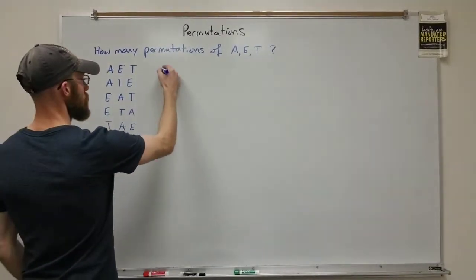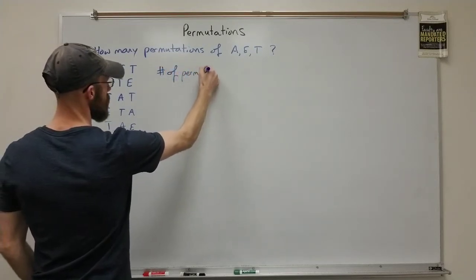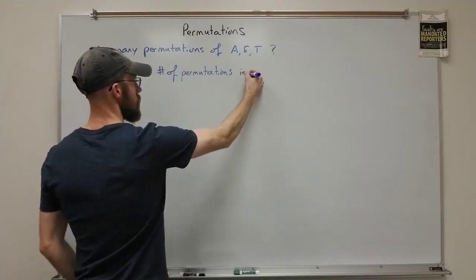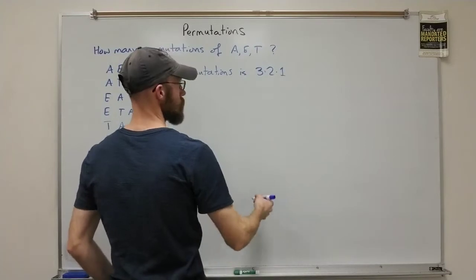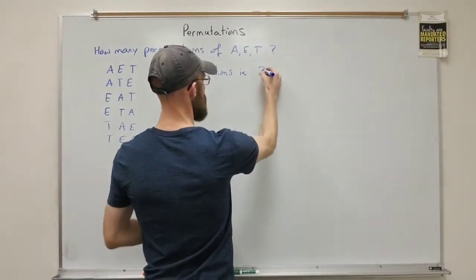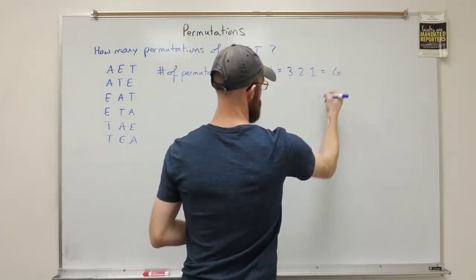And so the number of permutations is 3 times 2 times 1, or of course 3 factorial. Actually, I'll write it out that way. It'd be 3 factorial, which is 3 times 2 times 1, or 6.